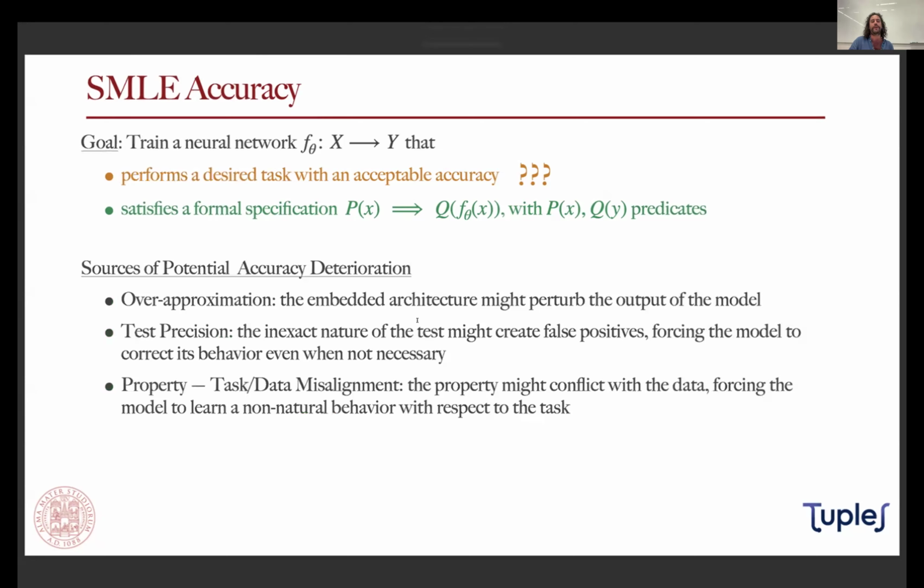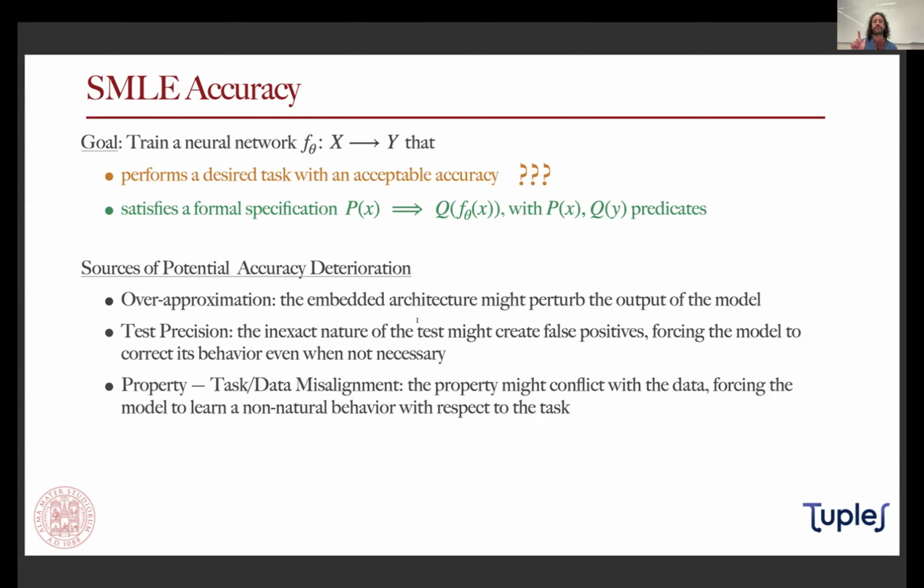So the first one is the over-approximation mechanism that we are introducing, okay? So the first reason to suspect accuracy deterioration is that the SMLE version of our model F is not equivalent to F itself, okay? We are perturbing the output, and this might represent a source of accuracy deterioration.